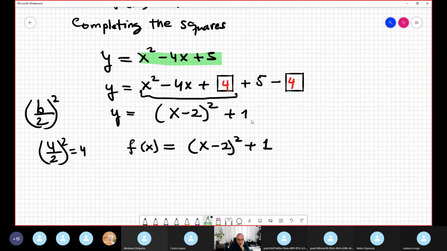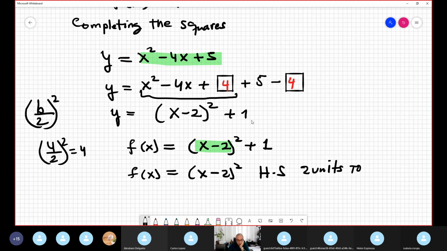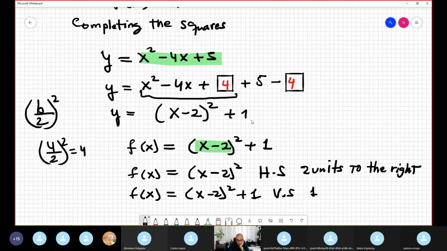The transformation according to the order of operations is this first, which represents a horizontal shift 2 units to the right, because it's negative. And finally, x minus 2 squared plus 1 is a vertical shift 1 unit up.